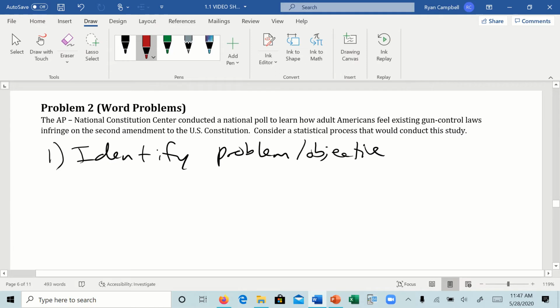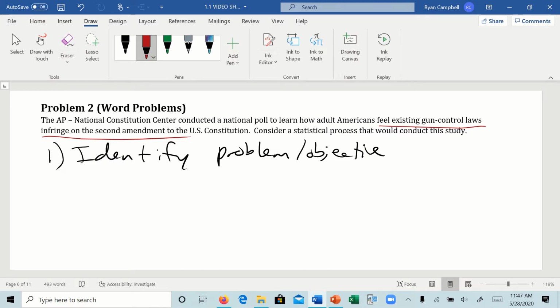So, in this case, we can see that the researcher wishes to determine the percentage of adults who believe gun laws infringe on the Second Amendment rights, right? So, they feel existing gun laws infringe on Second Amendment rights.